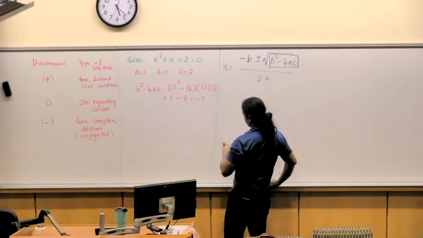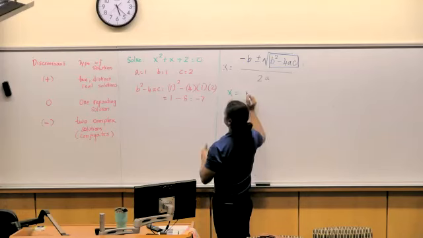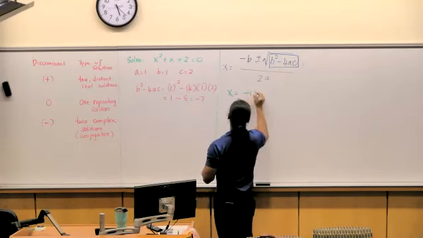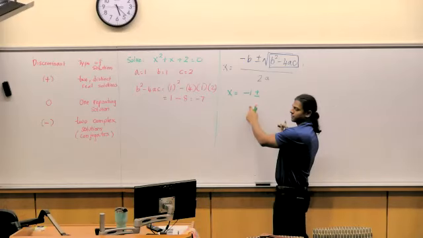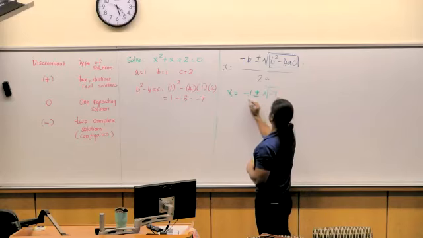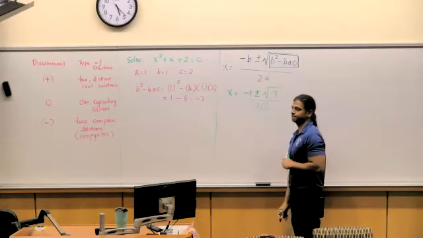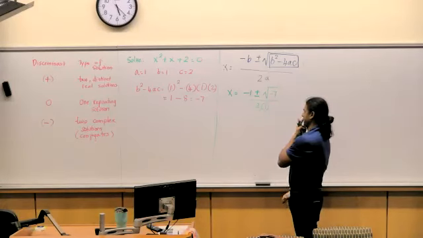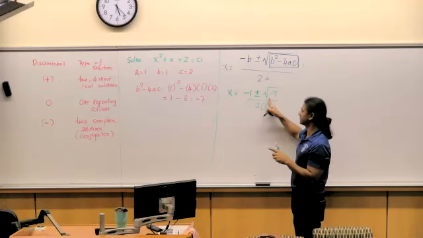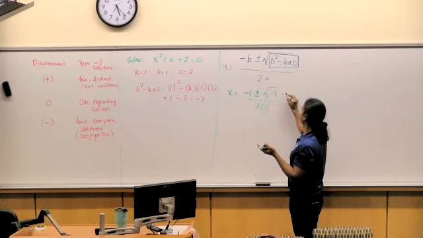So that is the formula. I already know the value of the discriminant. The value of B is 1. So minus 1 plus or minus square root of negative 7 divided by 2 times 1. Anytime you see a negative inside the root, what do we do? i.